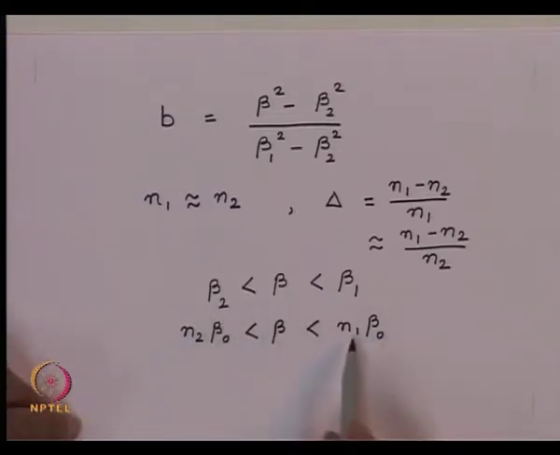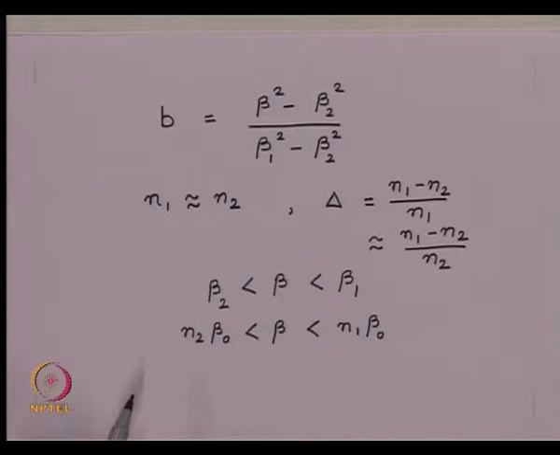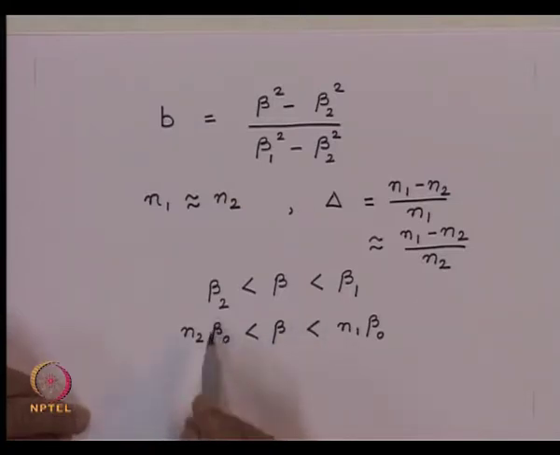Since N1 and N2 are very close to each other, the range over which this beta changes is extremely small. So what that means is that beta 1 and beta 2 are almost equal.